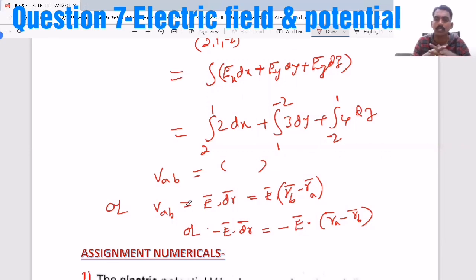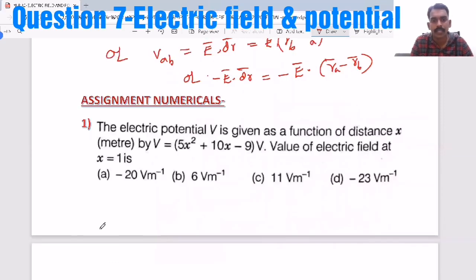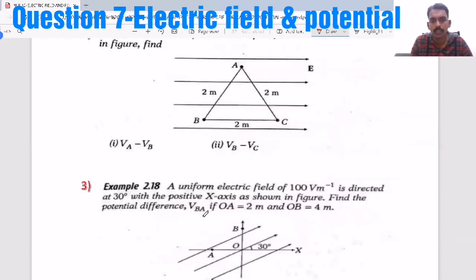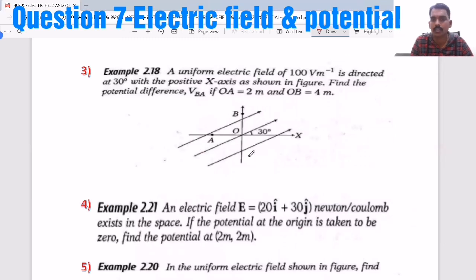So this is how the question will be asked, a variety of questions. But the basic idea is these are the things you need to take care of, so that you can solve the questions related to the field and potential relation. I have given a few examples as usual. Like I said, here is a graphical question.